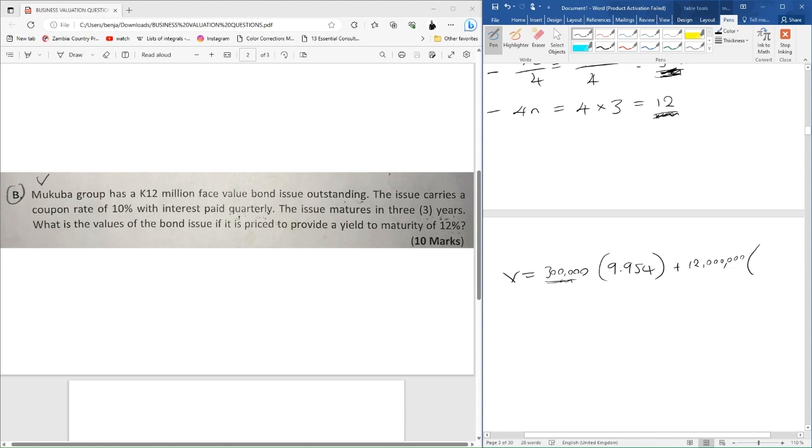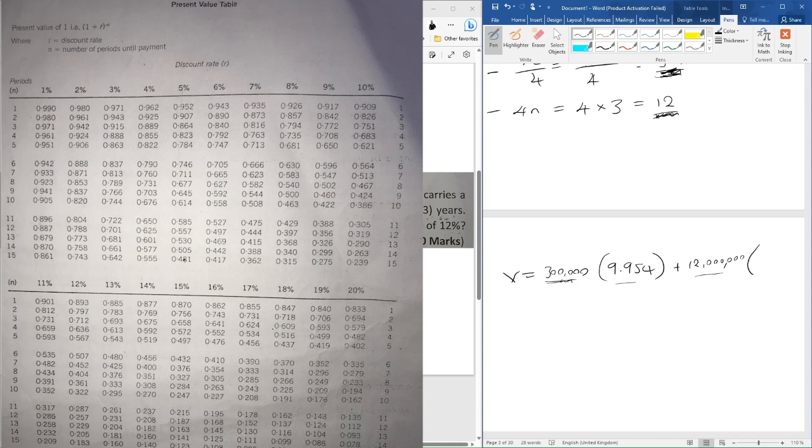And then we need to find our present value interest factor, because this 12 million is just a single cash flow. So we don't use an annuity factor. We need to use a single present value interest factor. So to do that, we go down to the table for present value interest factor. Just for the present value, not the annuity, please get me correctly. Again, remember that we converted our cost of debt to what? To 3%. So we're going to go down to 3%.